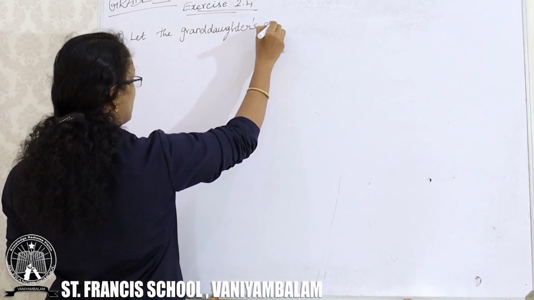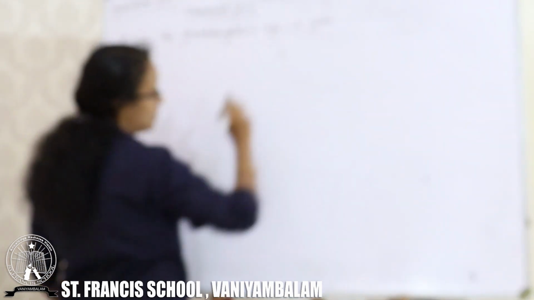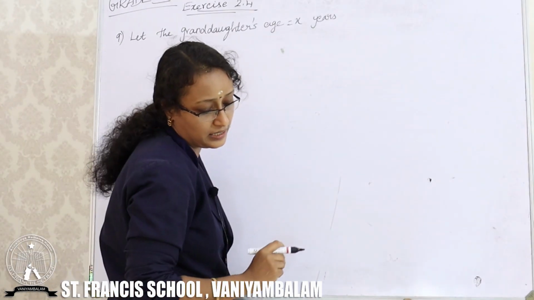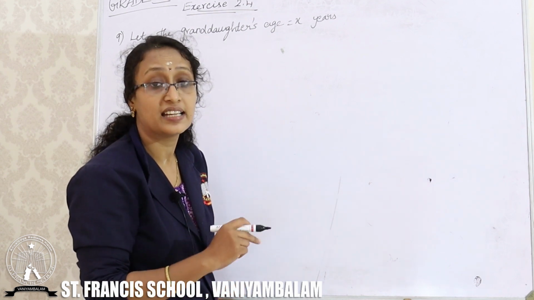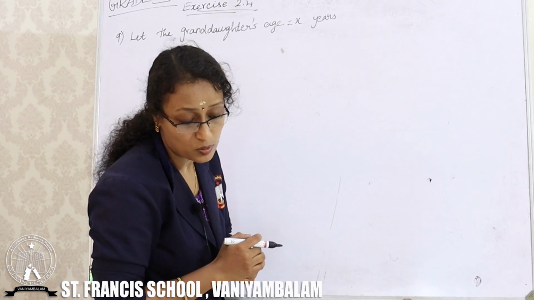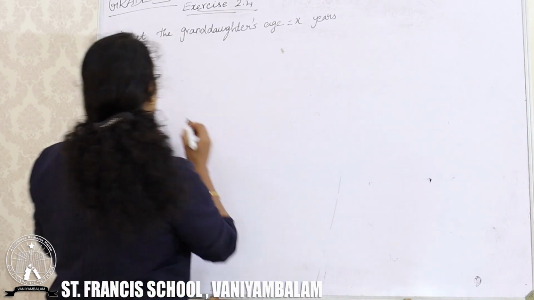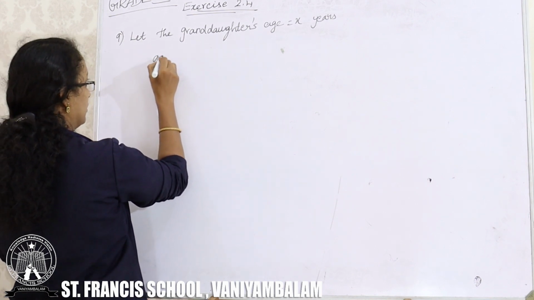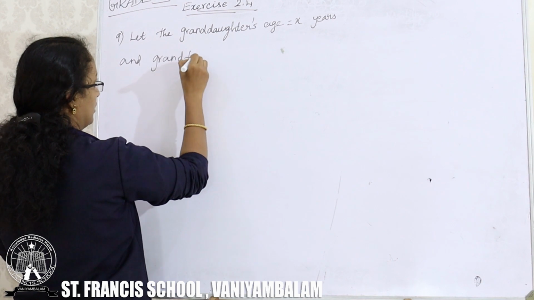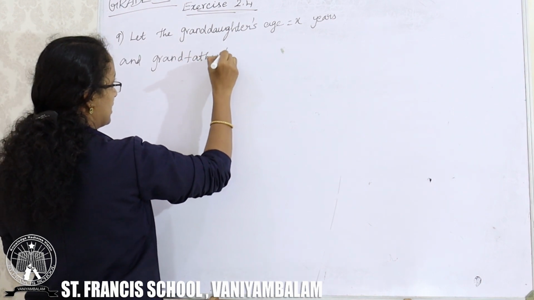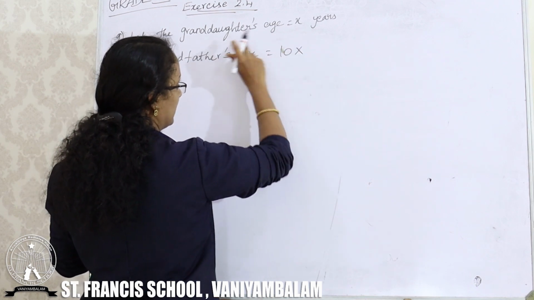Granddaughter's age is equal to, this is the age problem, so you have to write the units, years. It is given that grandfather is 10 times older than his granddaughter.